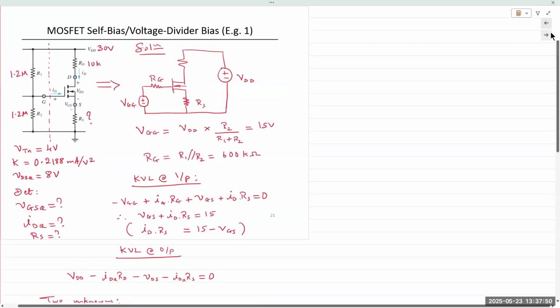Okay, voltage divider bias, or the self-biased circuit, or the third term is the 4 resistor bias circuit. Self-bias, voltage divider bias, 4 resistor bias, all the same names.